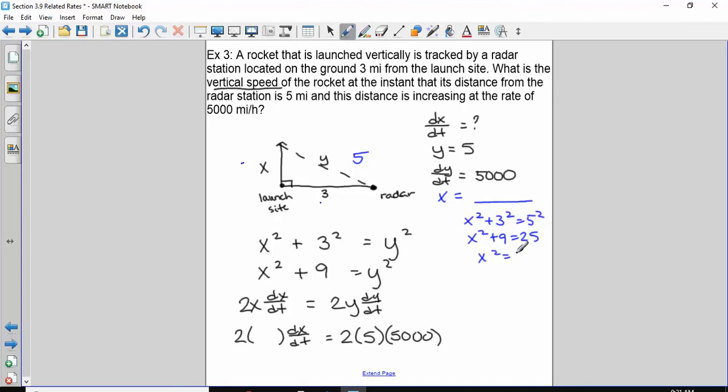So x squared equals 16. When you do the square root, you would do plus and minus, but would x be positive or negative here? Positive because it's going up. So the x at this particular instant is a 4. So even though I didn't give it to you, you had everything you needed to solve for it.